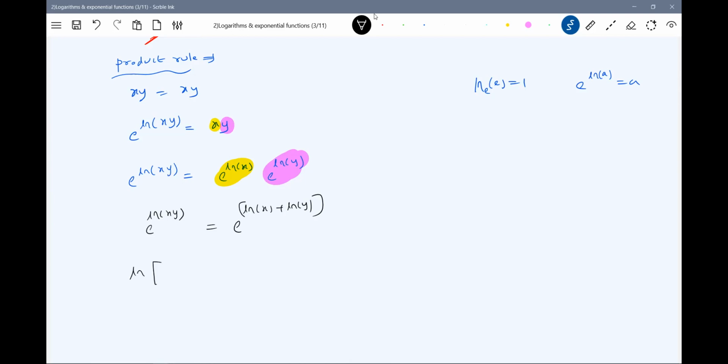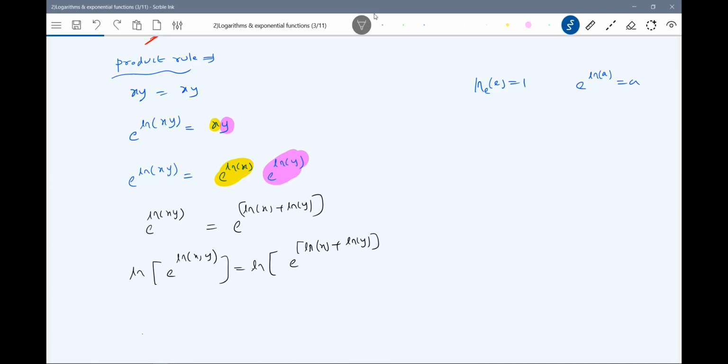Taking log on both sides. Here this will be log of xy into log e, because the power log xy should be equal to log e.